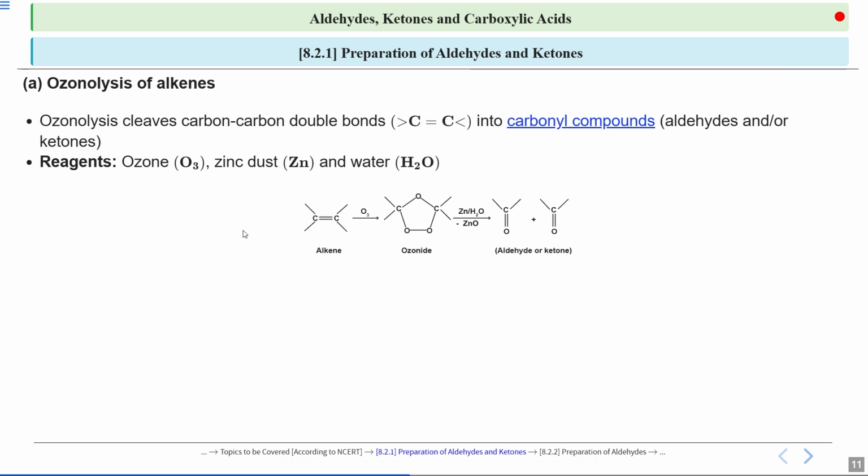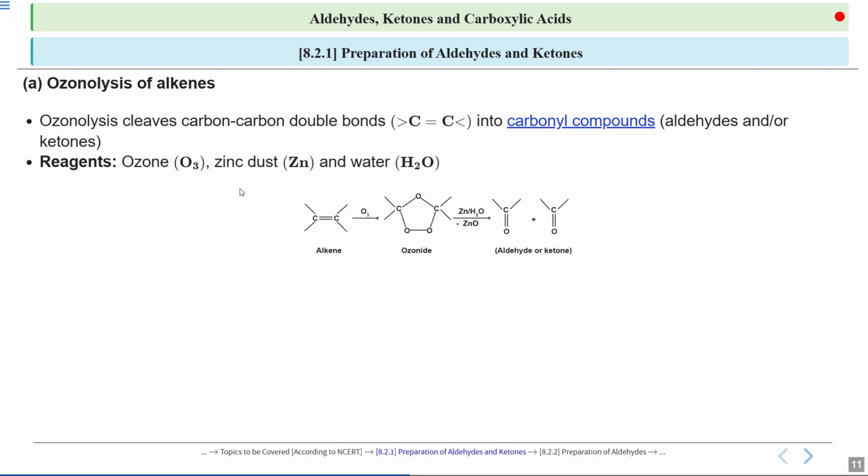Now if you look at this process, it will give you a clearer picture. This is an alkene. When you treat it with ozone, O3, you get an intermediate called ozonide. You see that three oxygen atoms get attached. Now when you treat it with zinc and water, zinc gets attached with this oxygen and these two bonds cleave from here.